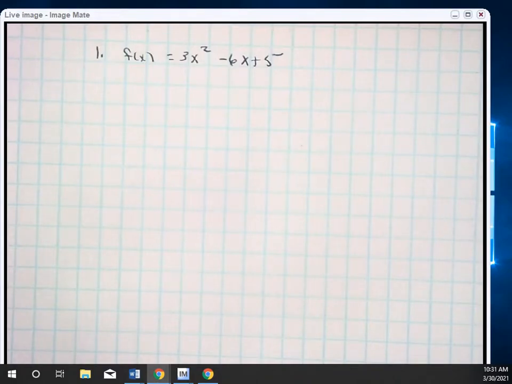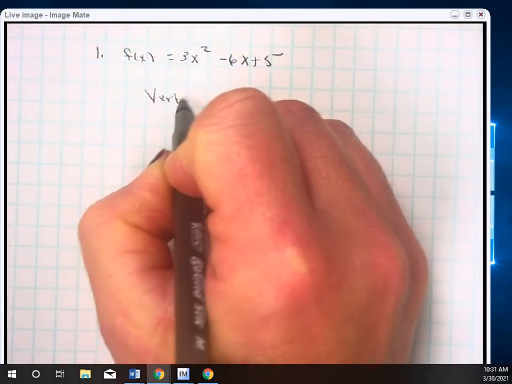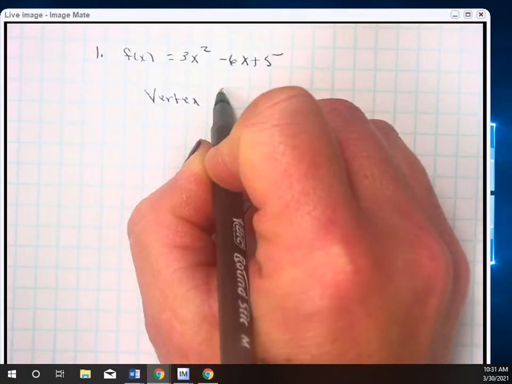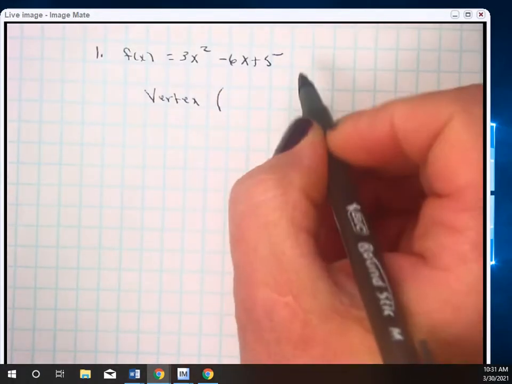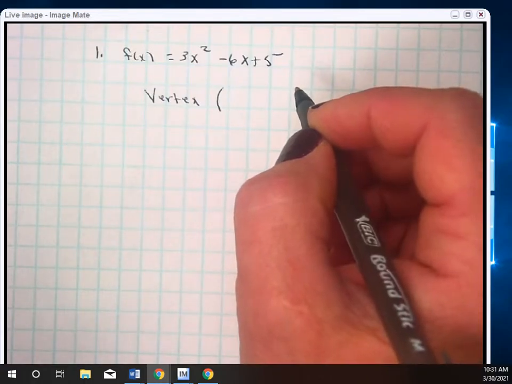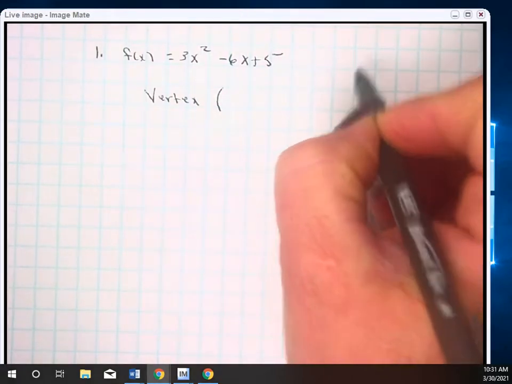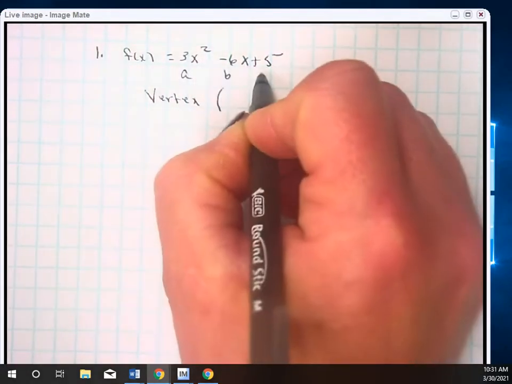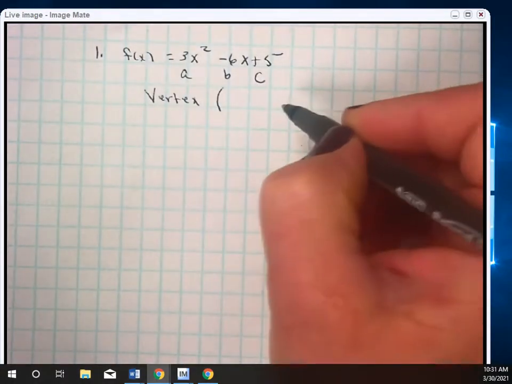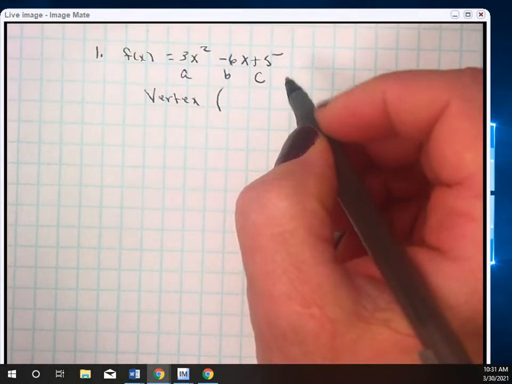You have to give me the vertex. The vertex is going to be made up of an x value and a y value. The x value is, here, let me do this, A, B, C. Your opposite of B over 2A.